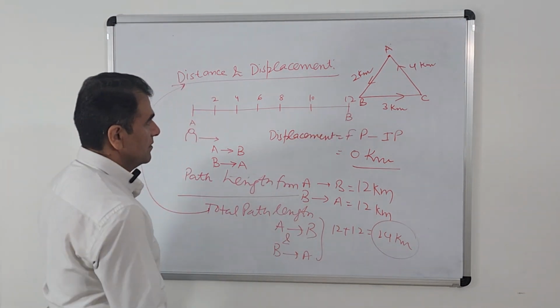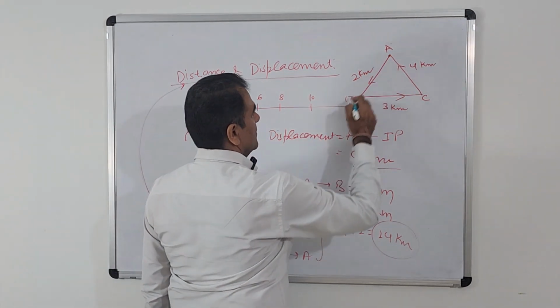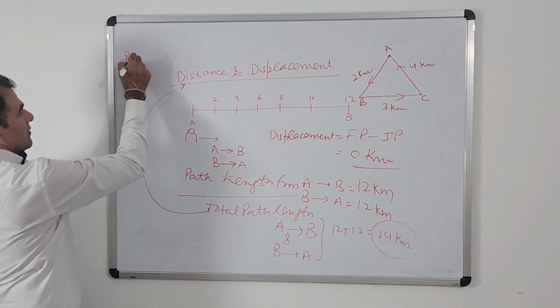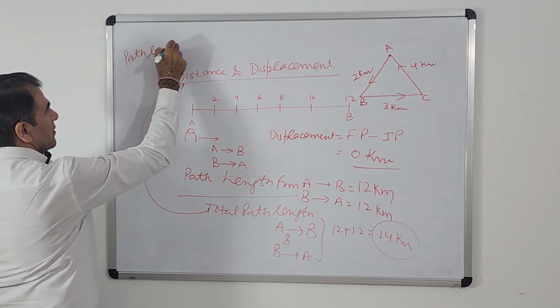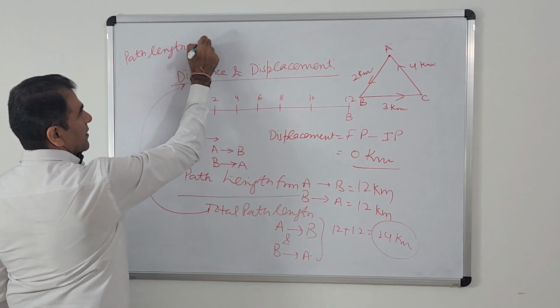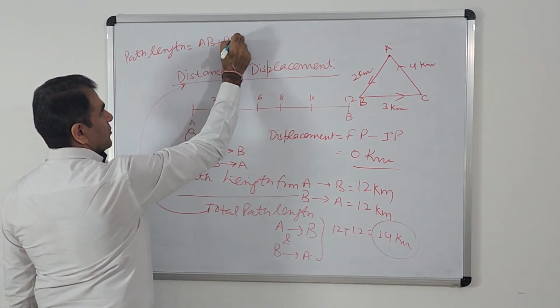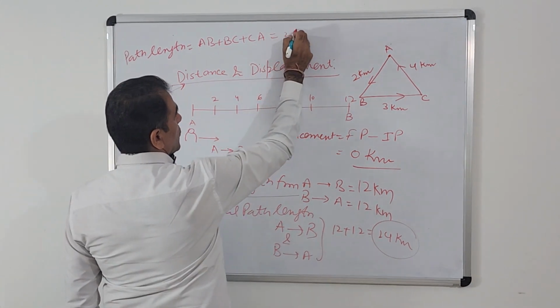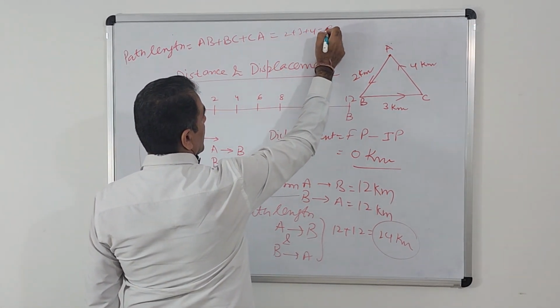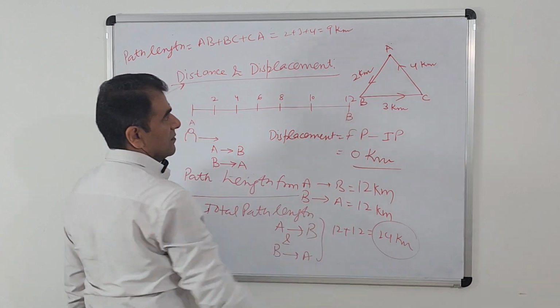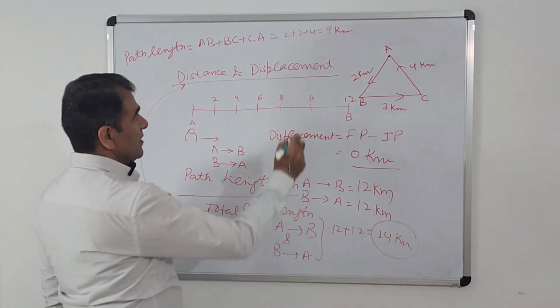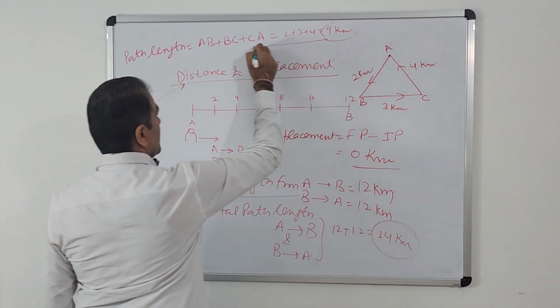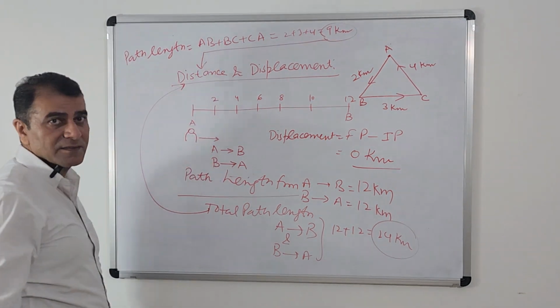So what is the path length? Now the path length in this case is AB plus BC plus CA, which is 2 plus 3 plus 4, 9 kilometers. So this 9 kilometer is nothing but distance.